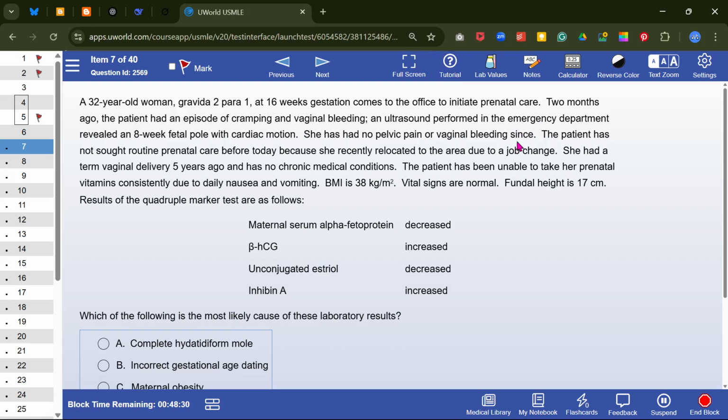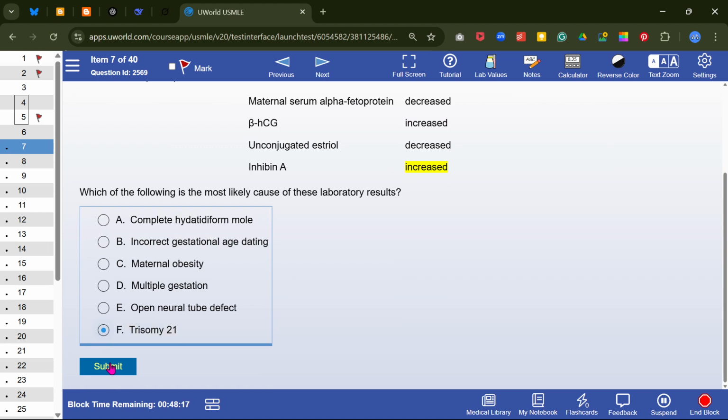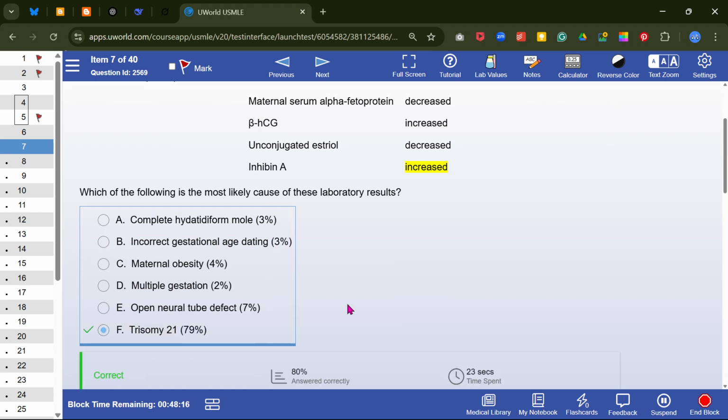Okay, you read the markers, these two markers, like all the markers. So what is your thought?